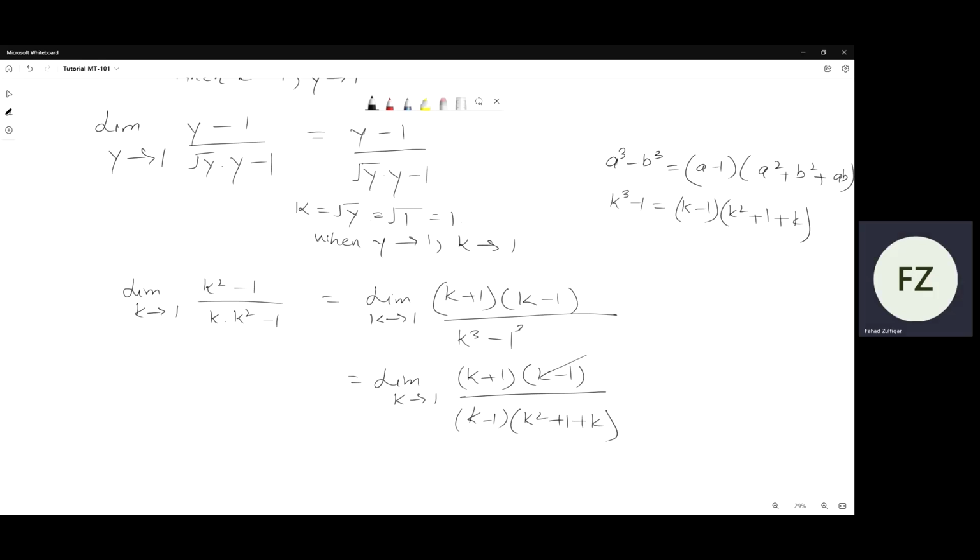Now you can see that k minus 1 cancels out with k minus 1. So we're left with limit k approaches to 1, k plus 1 whole divided by k square plus 1 plus k. So this turns out to be 2 divided by 1 plus 1 plus 1, 3, and that is your answer.